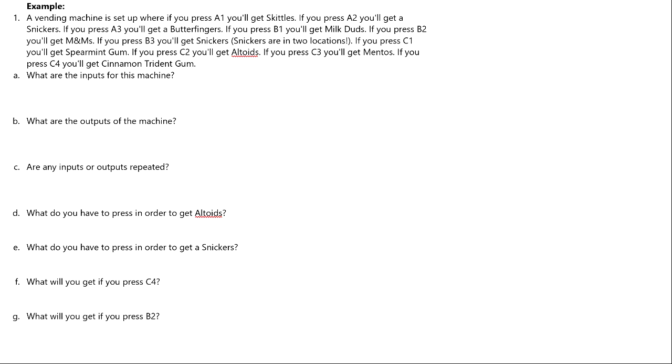Now if we look at the type of inputs we can give the machine, the information we can provide, we have the different buttons. In particular, we have buttons A1, A2, A3, and then B1, B2, B3, and lastly C1 through C4 as the different inputs.